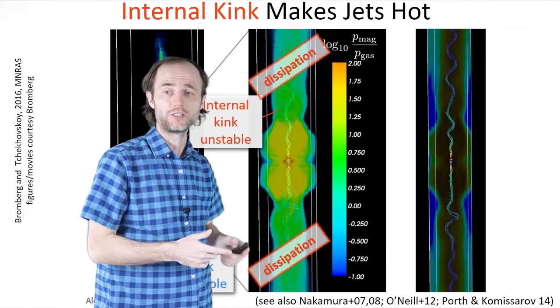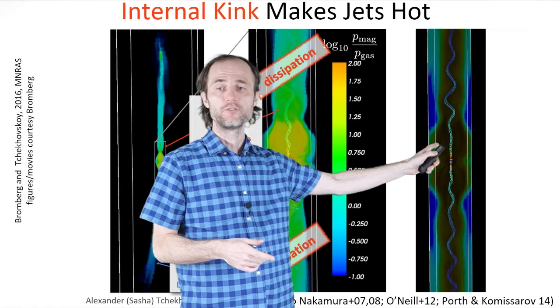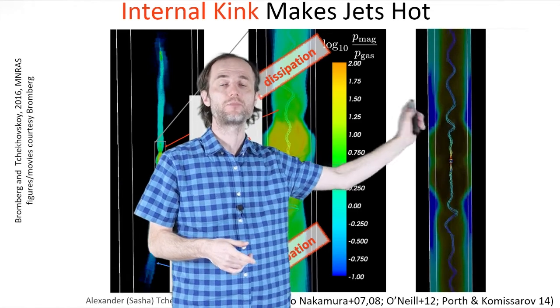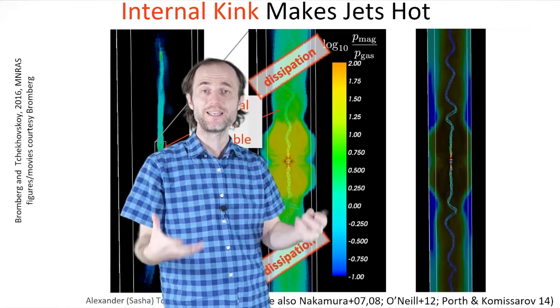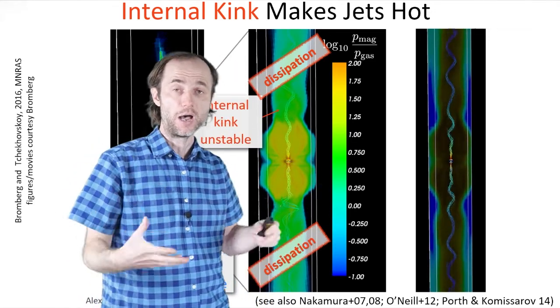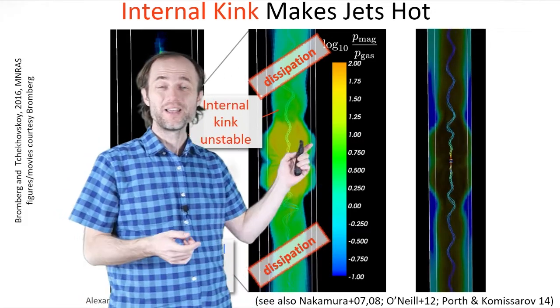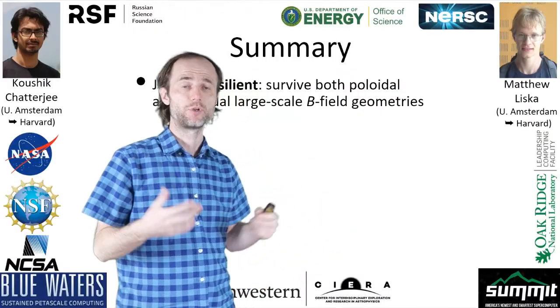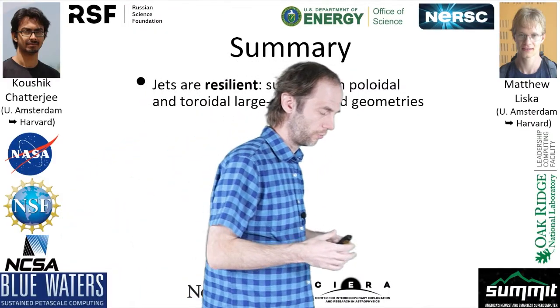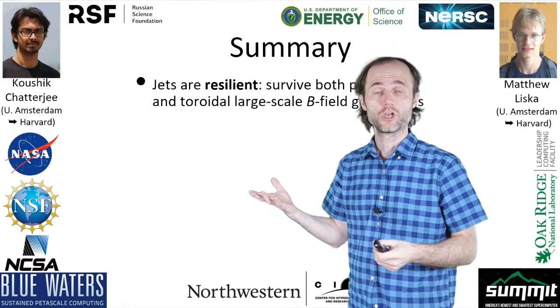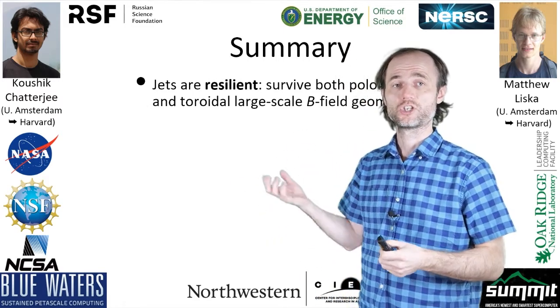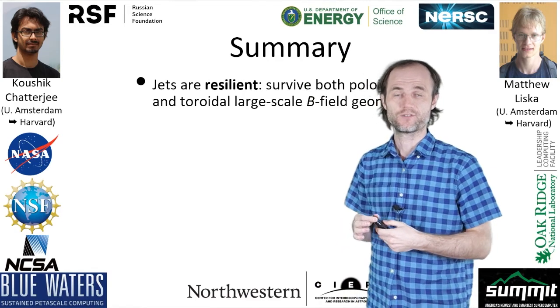We observe that in the simulation, and you can see here the formation of this internal kink instability, where the jet twists onto itself and dissipates magnetic energy, heats itself up, and accelerates non-thermal particles. This process can be responsible for the production of flares and powering the emission of features in the jet, such as HST-1 in the M87 context.